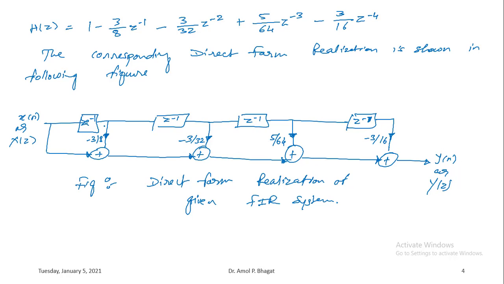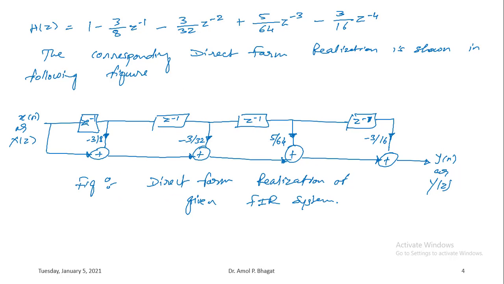So if you observe this, we have drawn this in horizontal form. Okay, you can also compare this diagram with the direct form 1 or direct form 2 realizations that we have obtained for IIR system in the previous session, where we have drawn it in vertical form, right?